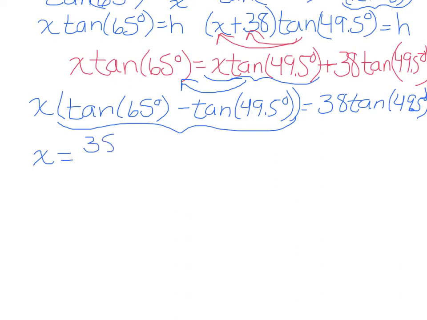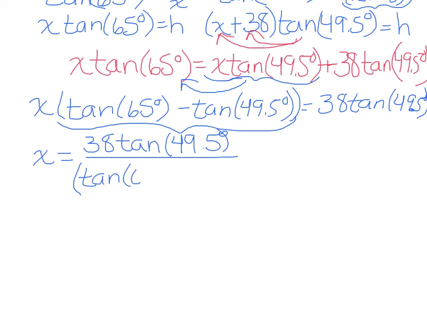And you have to be really careful when you put this in your calculator. Again, I would determine the value for the numerator separately and store it in the calculator, and then calculate your denominator separately, and then do the division in the calculator.